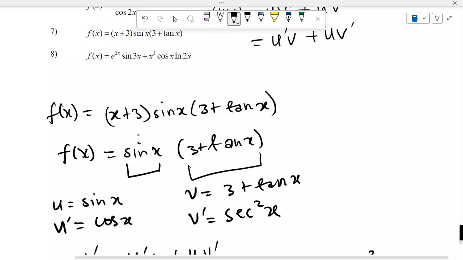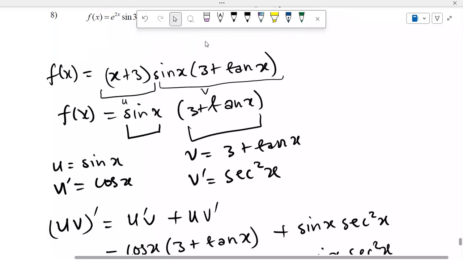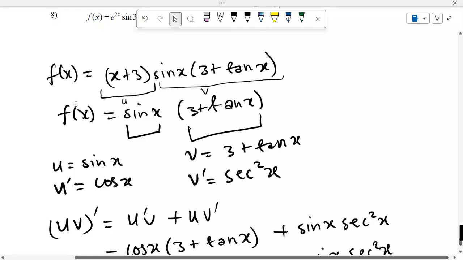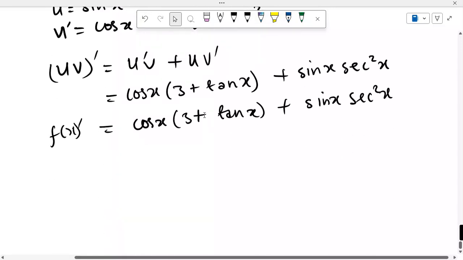So we'll set this as our u and hold this as our v. So we know v is this function here. Then v prime is this answer we found here. Hope you guys understand.